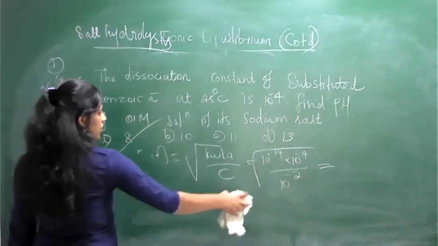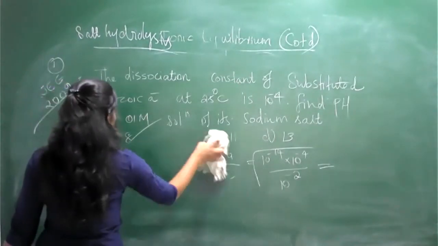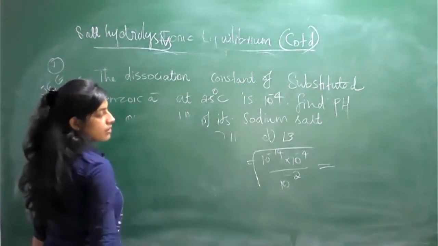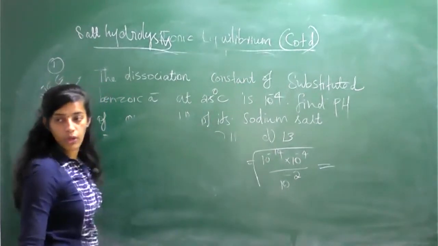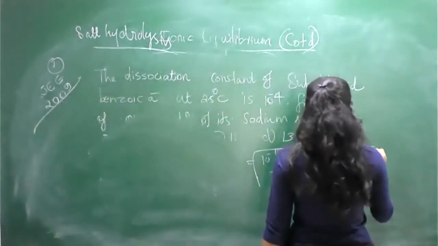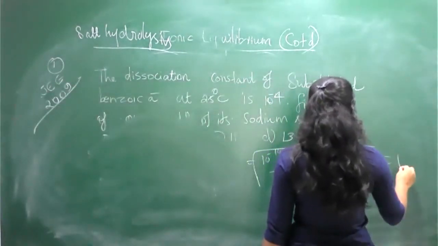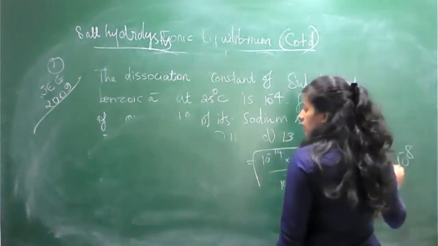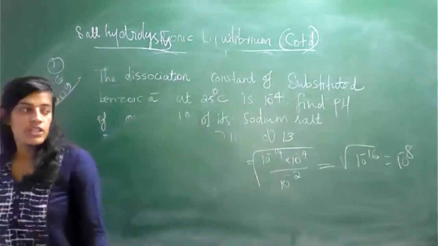Direct substitution. Cancel out. 10 to the power minus 16, root of 10 to the power minus 16, after that root gives minus 8. So this is H plus.